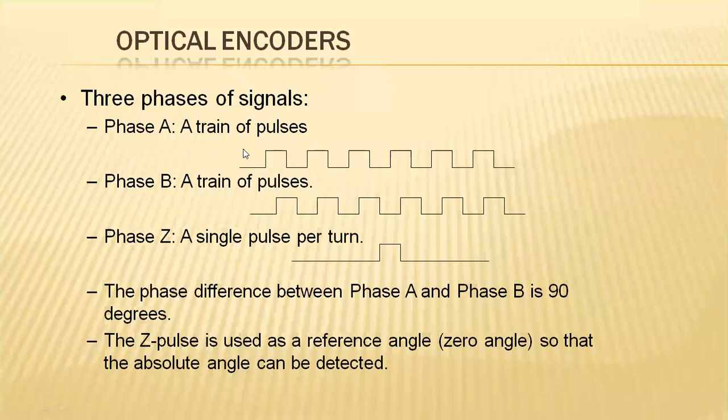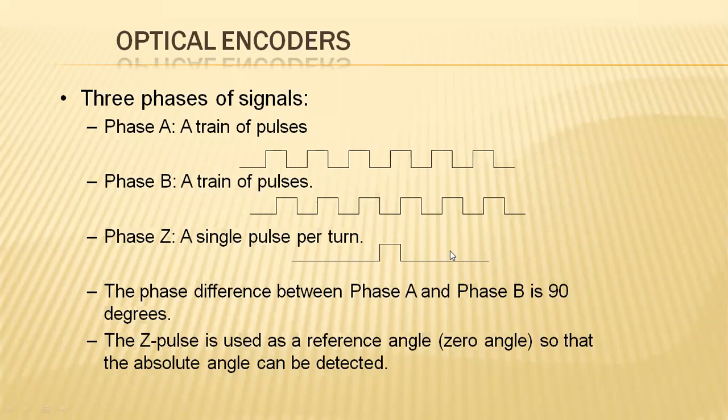Phase A is a train of pulses, with a square representation with intermediate cuttings. Phase B is also a train of pulses, similar with a slight deviation with respect to the square wave generation. Phase Z is a single pulse per turn, that is the identification.